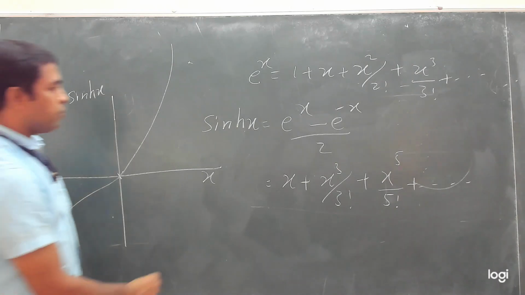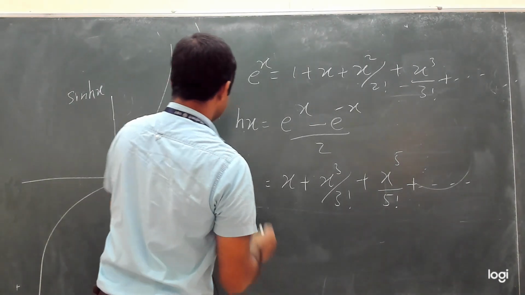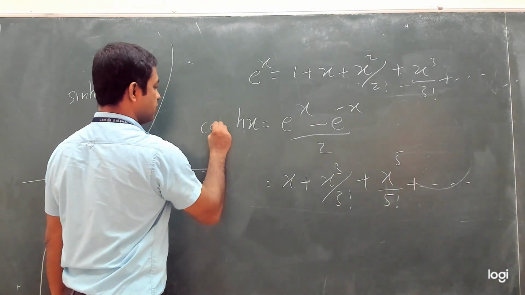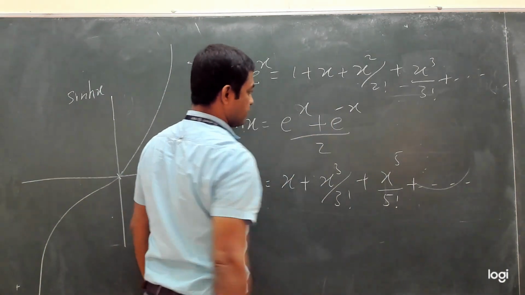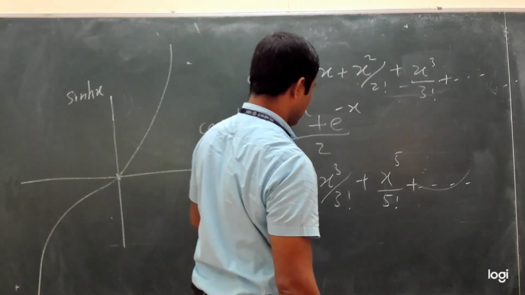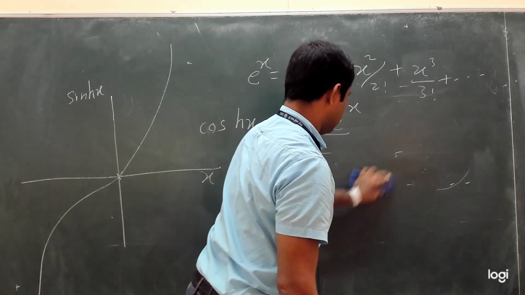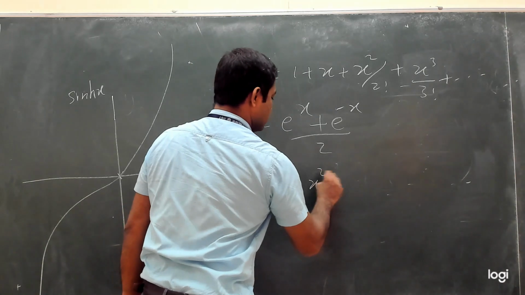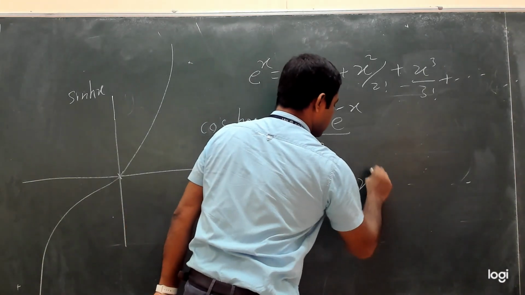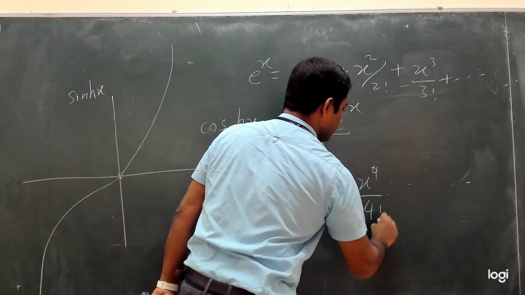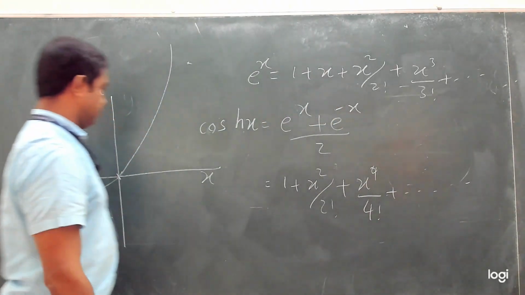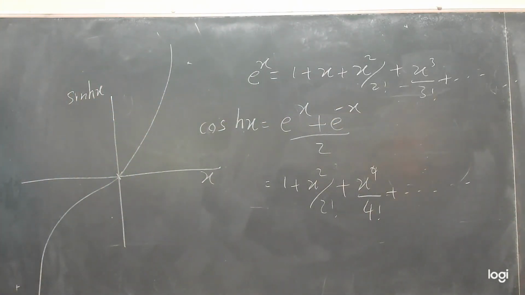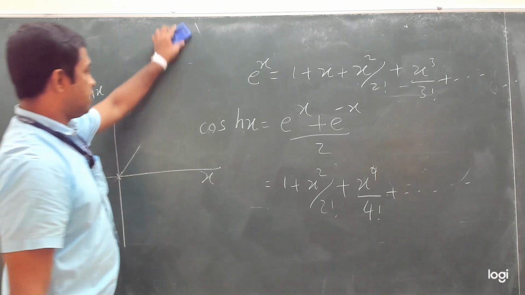So, cos hyperbolic, what you have to do is just add a plus sign here. That means you will have even terms, right. So, 1 plus x square by 2 factorial plus x raised to 4 by 4 factorial plus etc. In that case, what is it as x tends to infinity?